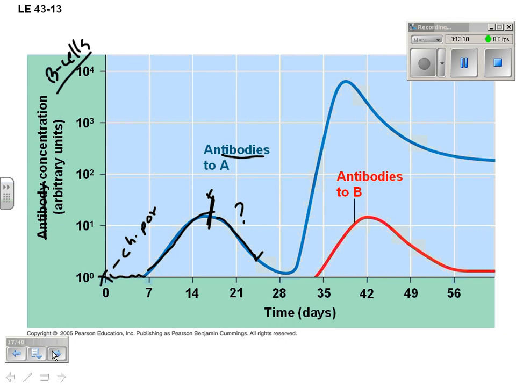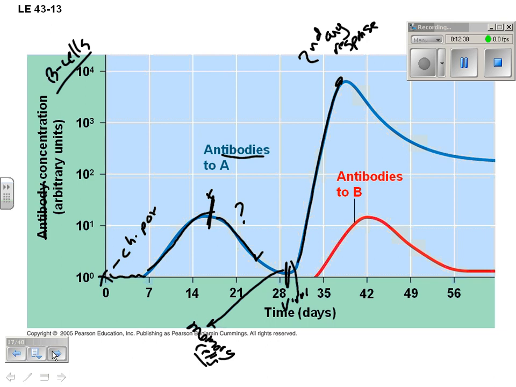Here is the second time you got exposed to the virus. Notice how fast the secondary response is. That is because notice that this number didn't go back to 0. You have what are called memory cells that hang around and wait for the virus to come back again.